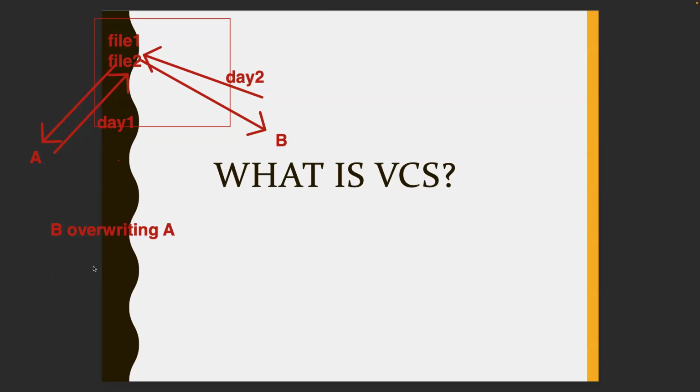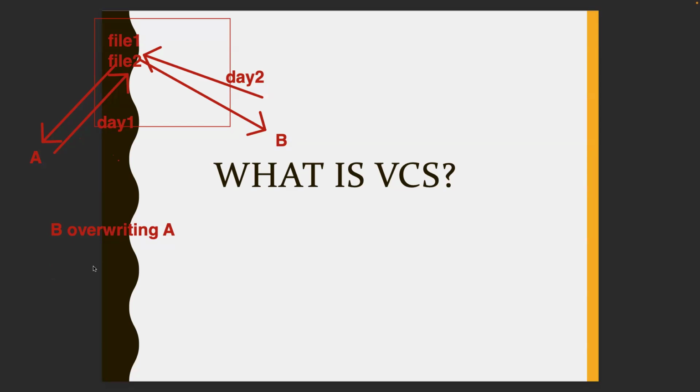If this keeps on continuing, assume this is a team of 10 people, the project goes messed up. The project gets corrupted, right? Also, these people have to concentrate on the client requirements or the changes they were making. They cannot focus on whether their changes are being stored properly or not, or whether their changes are secure or not.